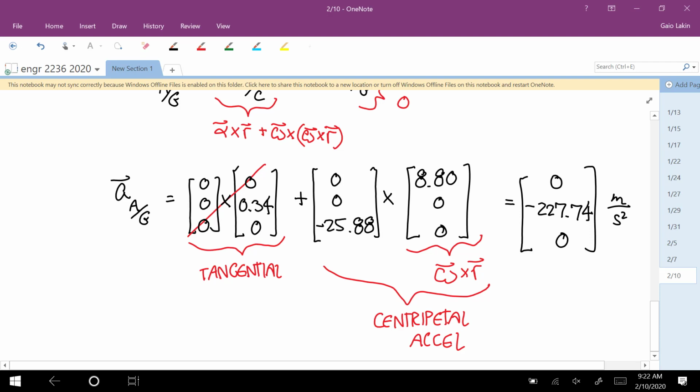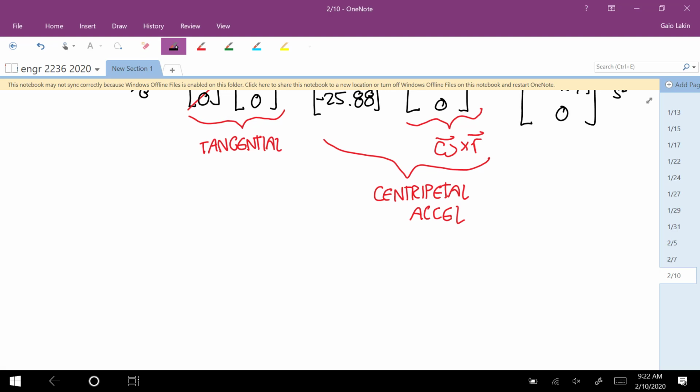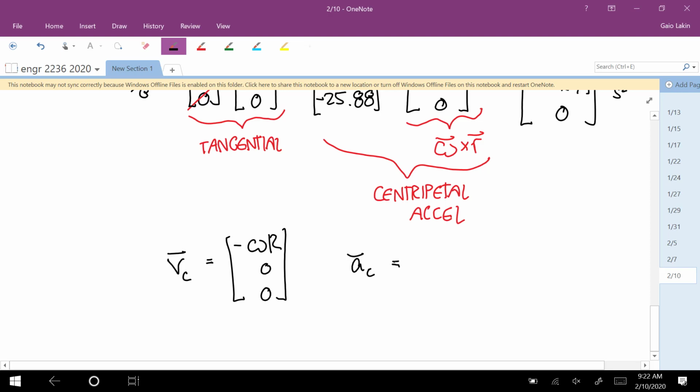Yeah, alpha can be non-zero if this was changing speeds, because you have your two rolling without slipping equations: the velocity of the center is equal to negative omega r 0, 0, and the acceleration of the center is negative alpha r 0, 0. And so it's just a matter of whether you have acceleration, whether what the velocity is.